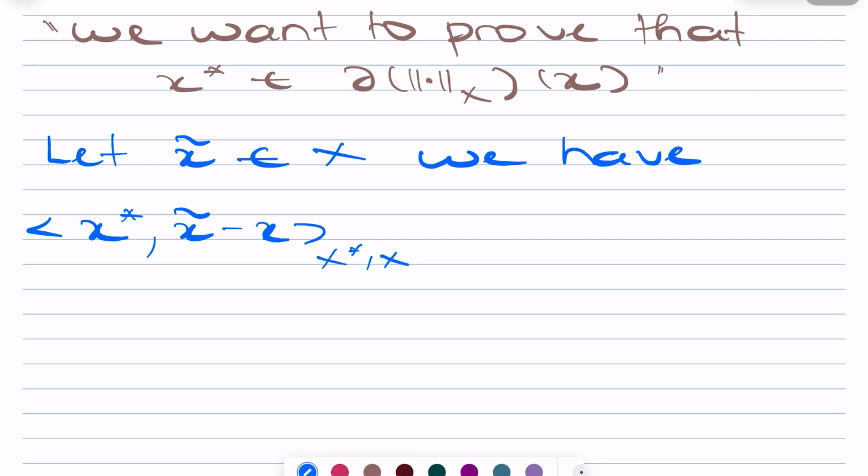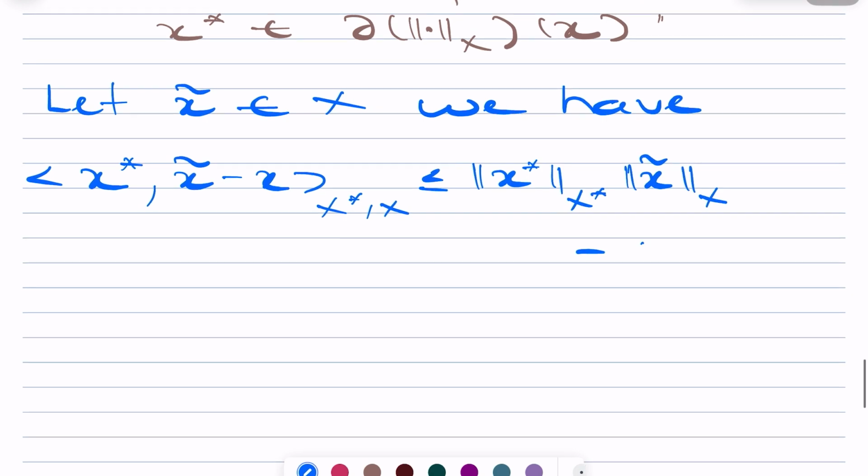If you apply linearity, and the fact that x star is a linear bounded operator, then you see that this is less or equal than the operator norm of this times the norm of x tilde in x, minus this duality pairing.